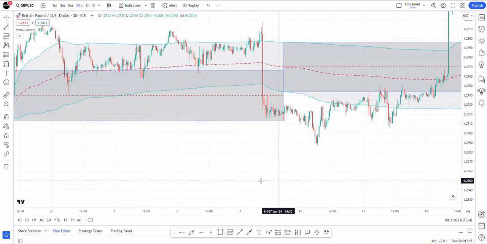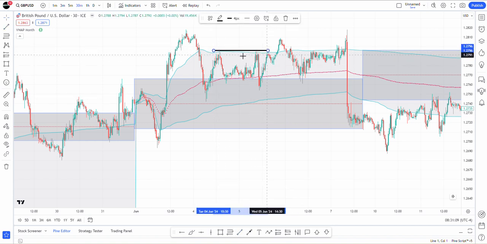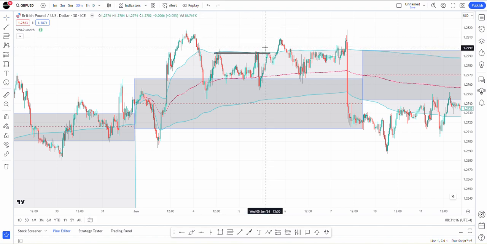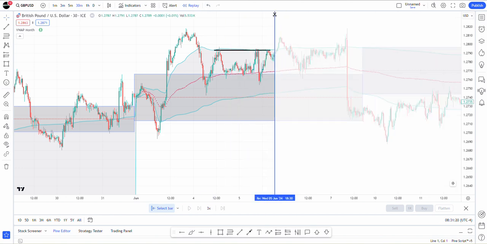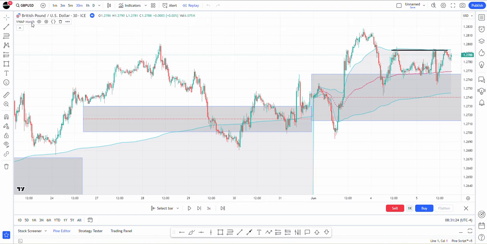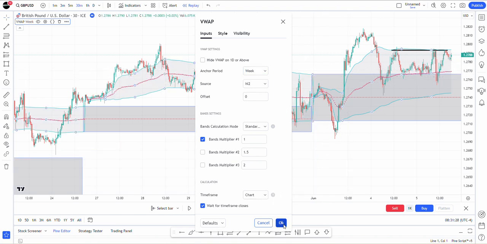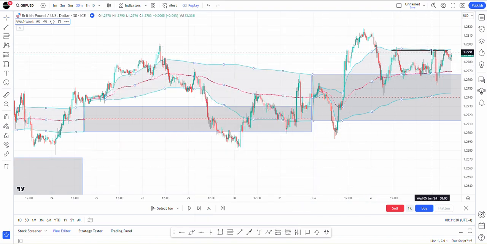So in terms of the monthly, let me just go to this one. If I look at it like that, and I have to go to replay mode, and I go into changes to weekly, so it's similar.